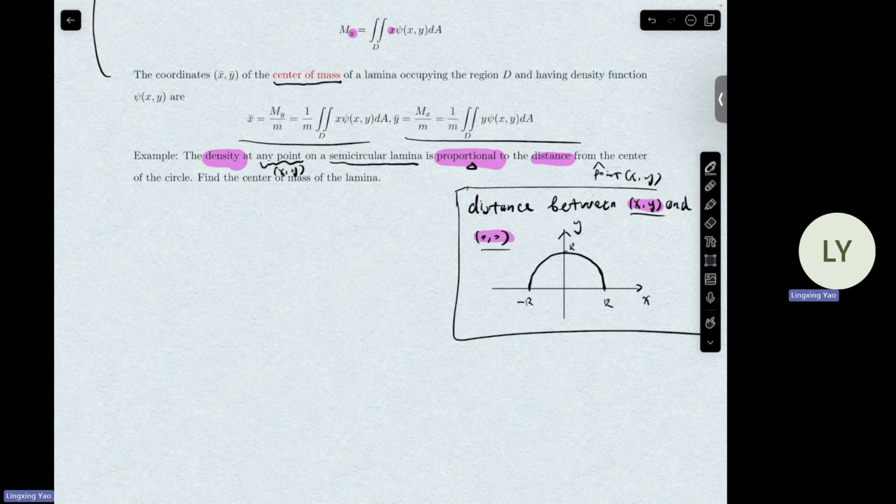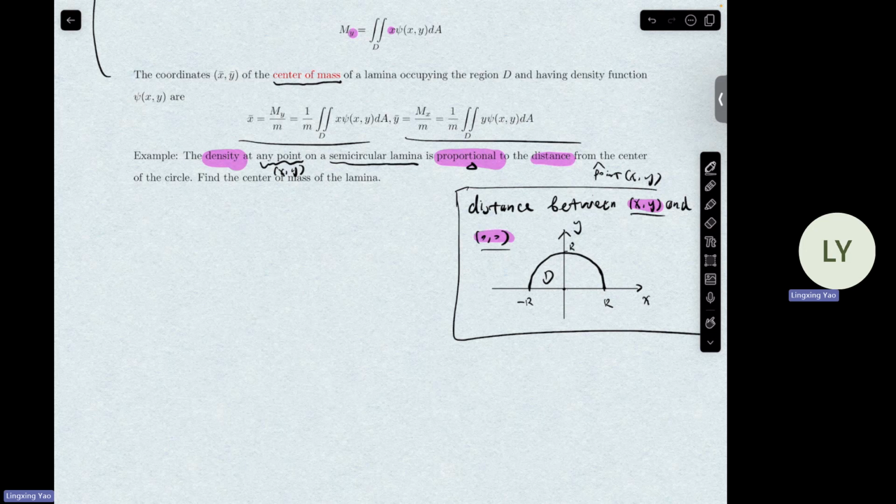If we put the center of the semicircular region at the origin, then we have everything in a perfectly symmetric arrangement, which is what we usually like to do. So here we overlap this semicircular region D with the coordinate system we just introduced.